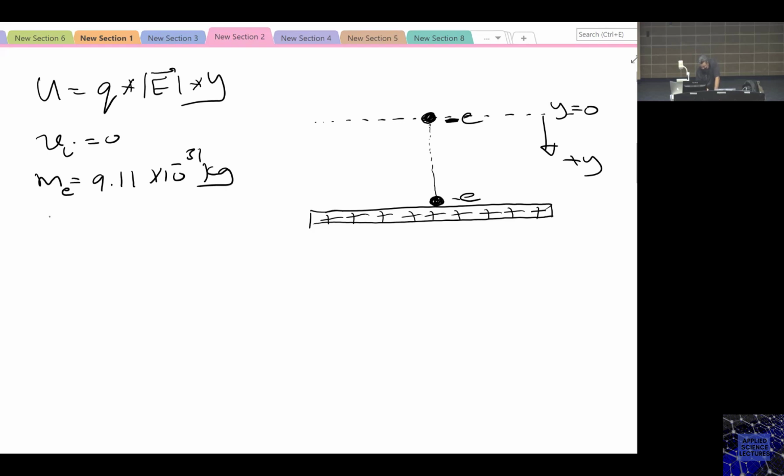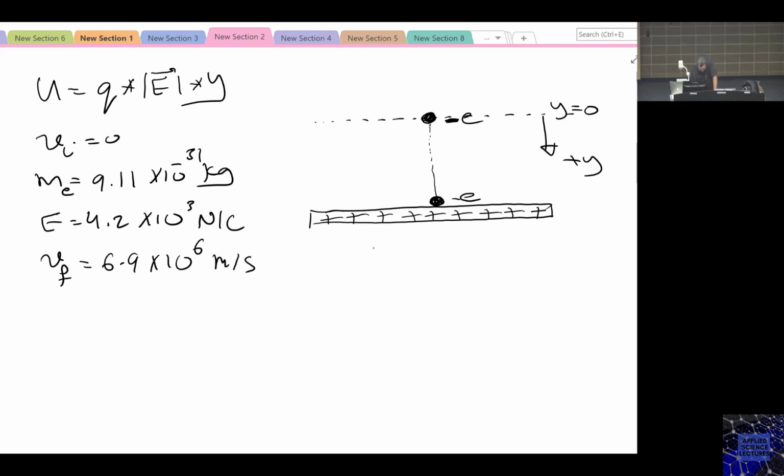I have the magnitude of the electric field, which is 4.2 × 10^3 newtons per coulomb. And also the final speed of the electron, 6.9 × 10^6 meters per second, was given to me.